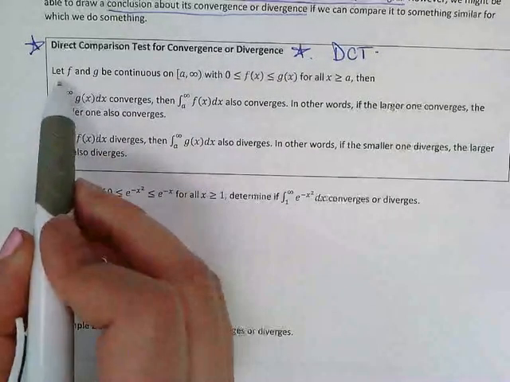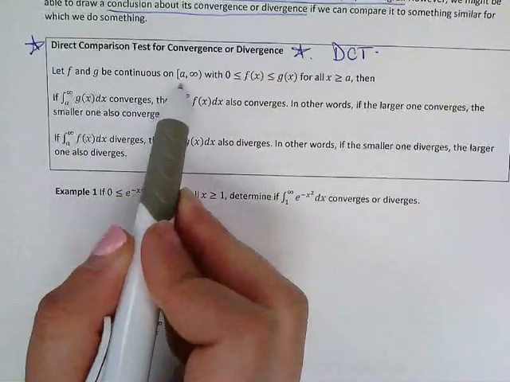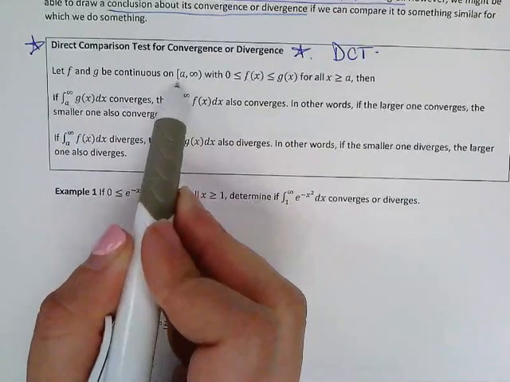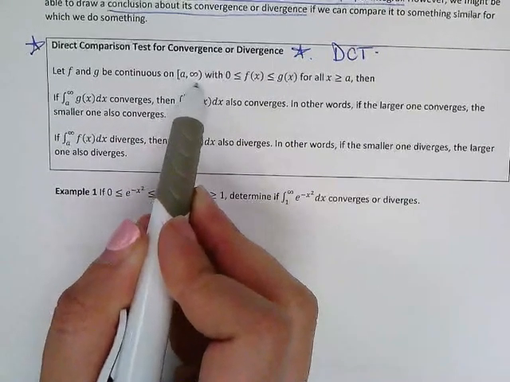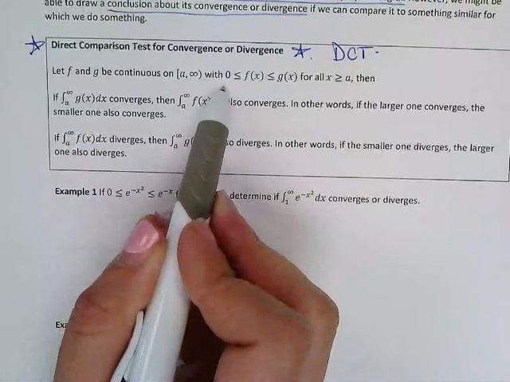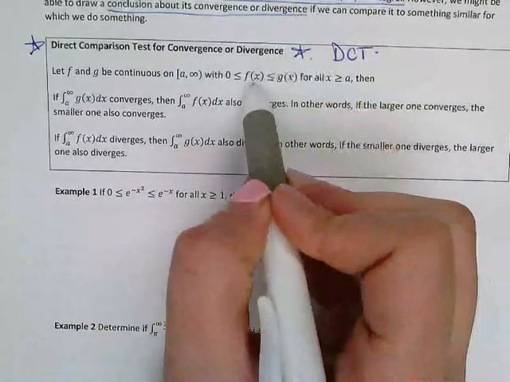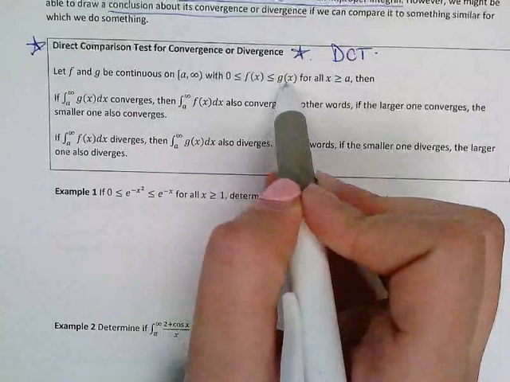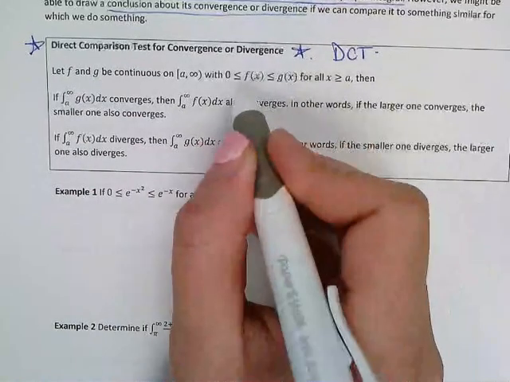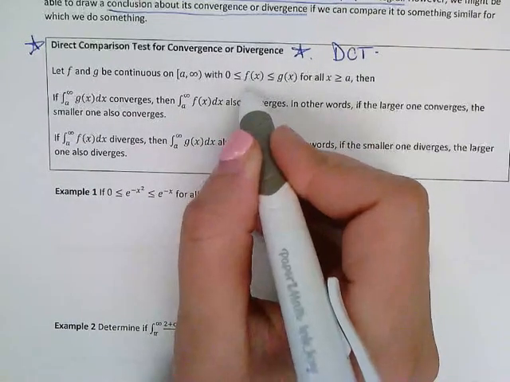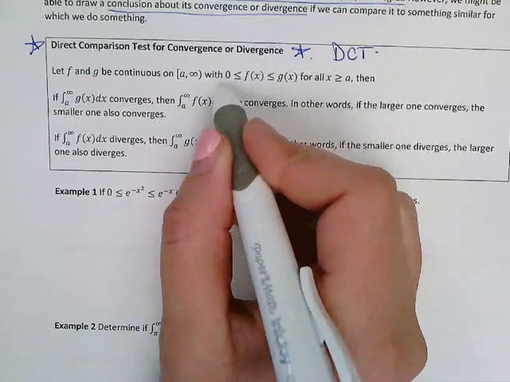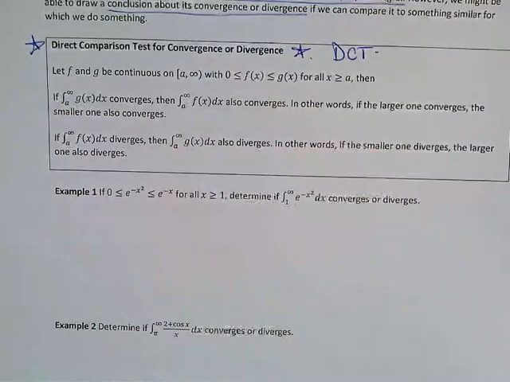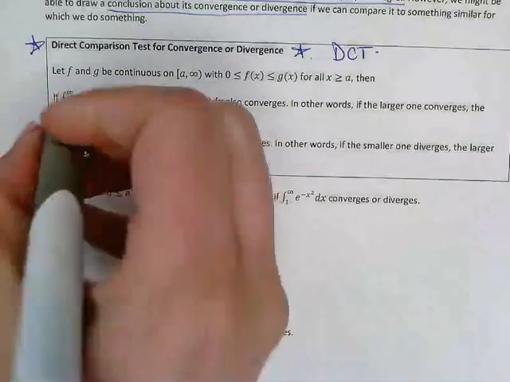Alright, so let f and g be continuous on the interval from a to infinity. And then basically you're going to plug in f and g, two parts, and say that they are going to be greater than 0. So it'll make more sense once we do this.